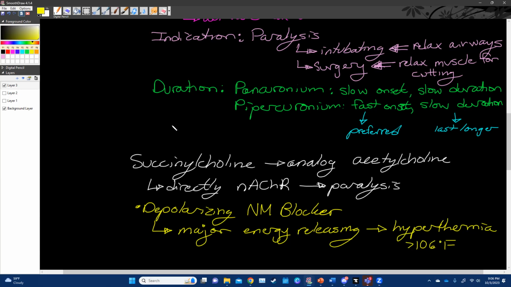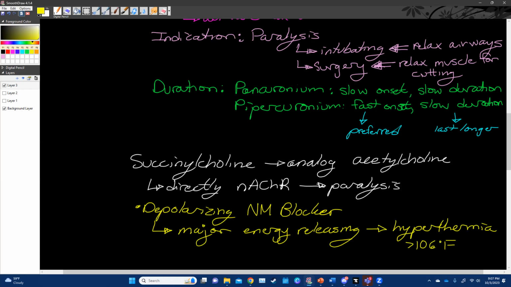So for people who overdose or who are especially sensitive to succinylcholine, we might have to put them in an ice bath or cool them down in order to prevent them from literally cooking alive. That sort of thing. Yeah, not great at all.